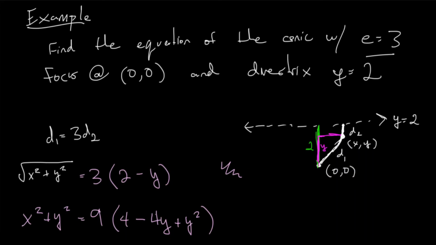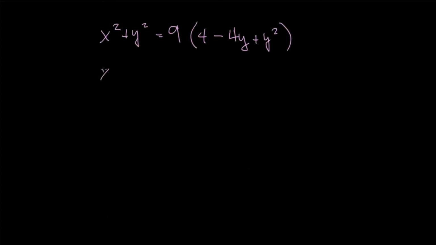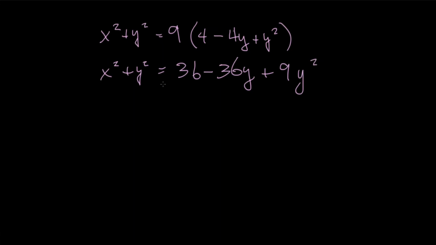We've got x squared, y squared, equal to 36 minus 36y plus 9y squared. Moving everything to the left-hand side, we get x squared minus 8y squared plus 36y minus 36 is equal to 0.